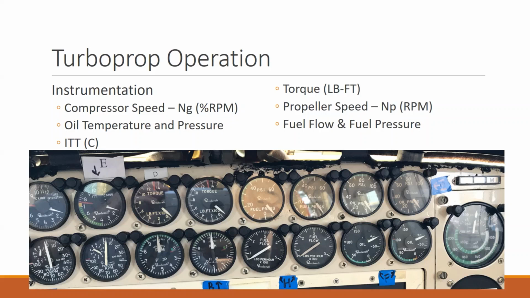Newer versions of this, what you're going to see is a vertical arrangement. Okay? Your most important gauges are at the top. And typically, most important are actually going to be torque, our power setting. So typically, you would have torque. Here's our left engine and our right engine.